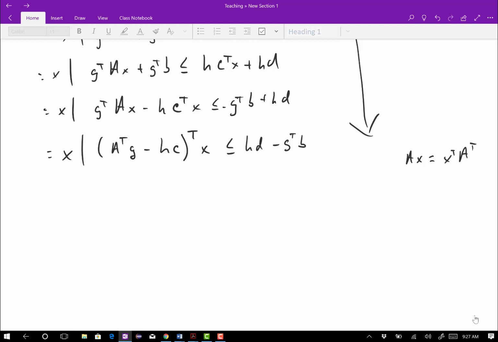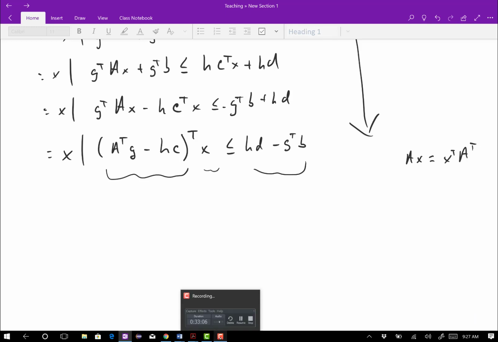So now what we have here is a vector transpose times another vector less than or equal to some constant, and that's the definition of a half space.